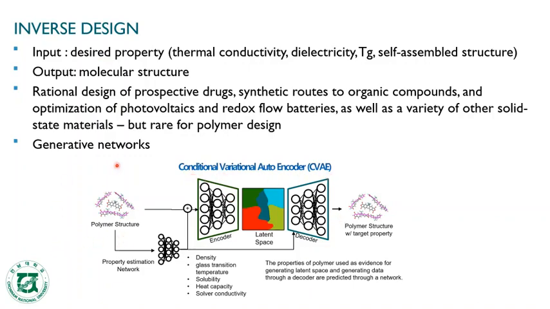If you have a certain polymer structure, and you give some conditional network for the property prediction, then you train the network to generate a certain material having the given conditioned targeting properties. And of course, not only deep learning networks, but also something like Bayesian sampling with sequential Monte Carlo, those kinds of optimization procedures, can also be used for inverse design.